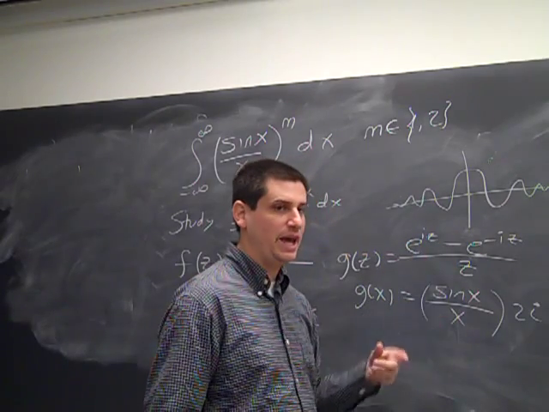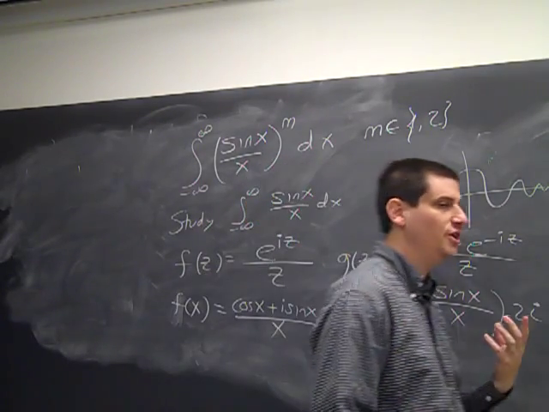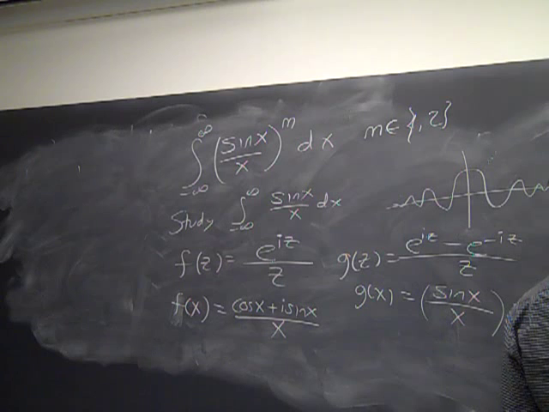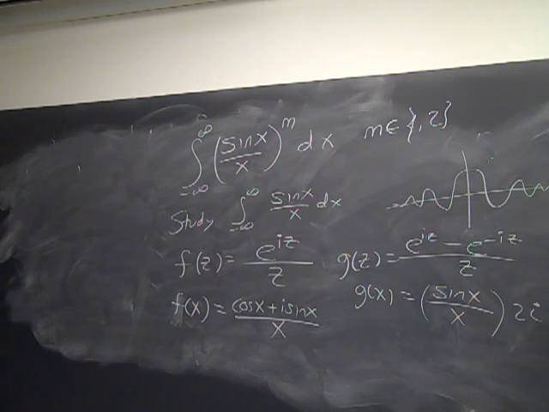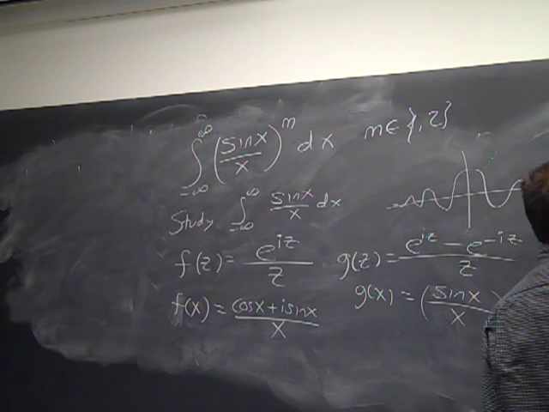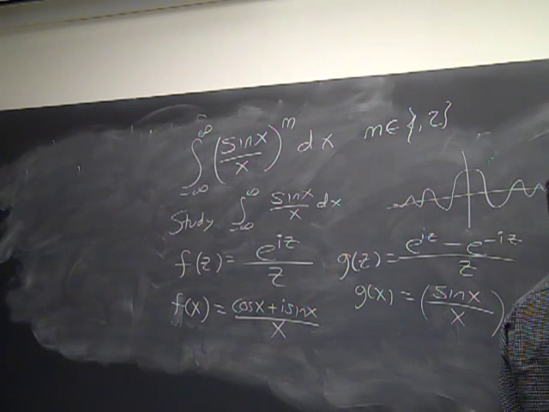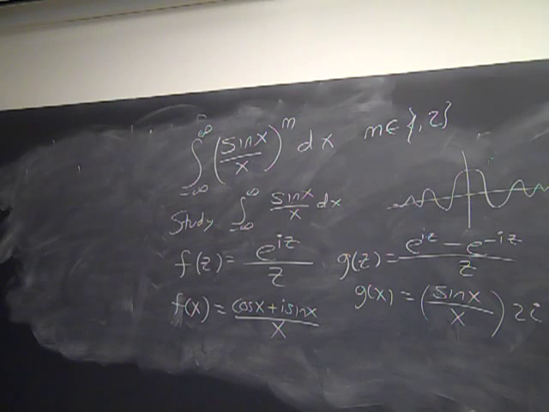So the real question is, what is the behavior of e to the iz and e to the minus iz? Let's let z equal x plus iy, y greater than 0. Then this becomes e to the ix, e to the minus y, and this one becomes e to the minus ix, e to the y.